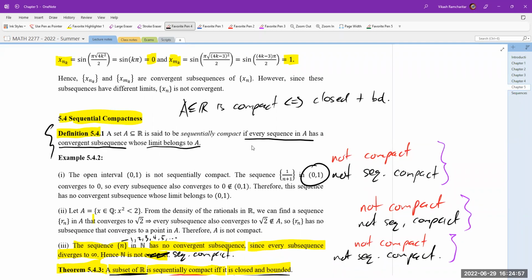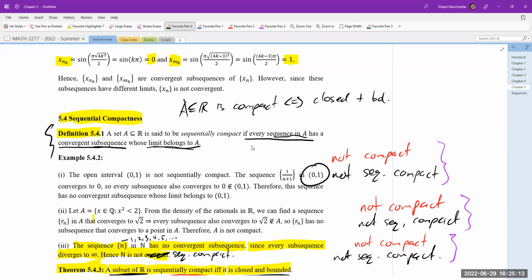If you can show that there's a sequence in that set that has no subsequence whose limit belongs in that set, then it cannot be sequentially compact.